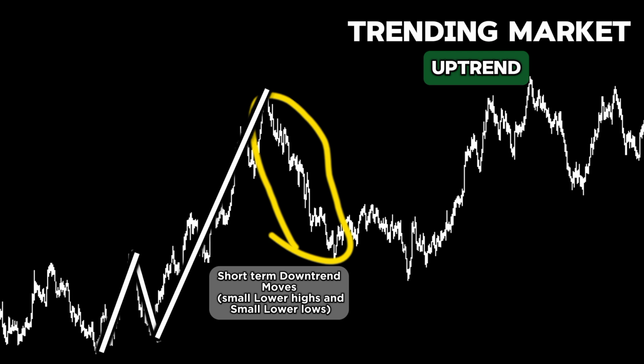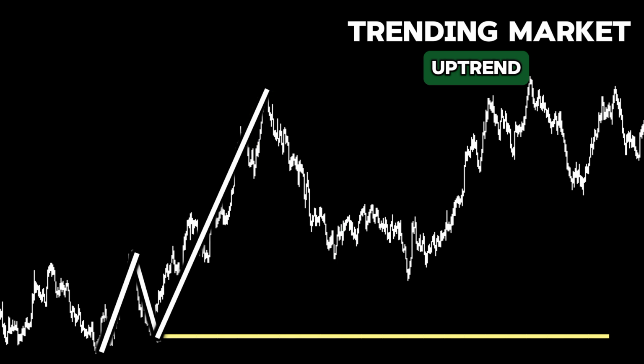As long as the retracement does not move below the last higher low of the uptrend structure, we are still in safe hands to find a buying opportunity, and none of these short-term lower lows and lower highs will mean much in the market. So as the market is making those little downtrend movements, the next thing we will be looking out for is a break of structure.